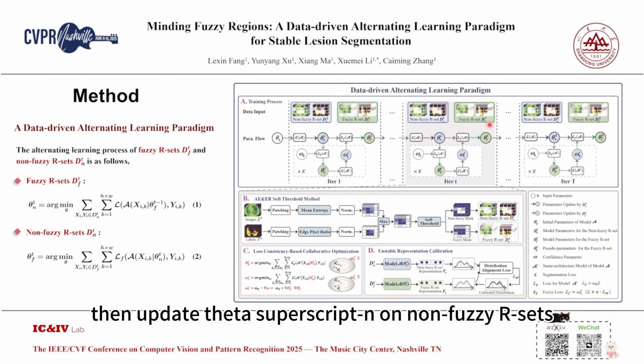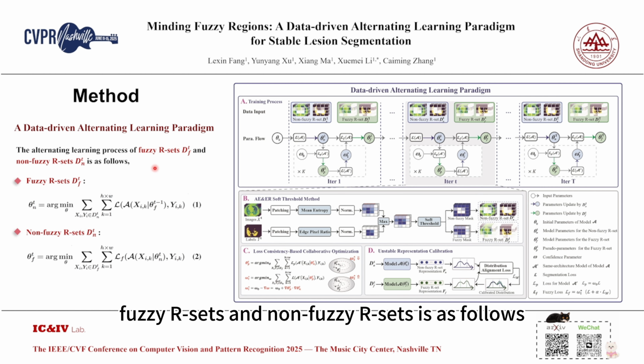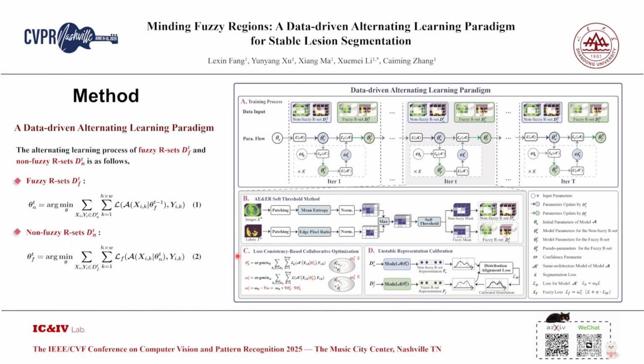Then update theta_n on the unfuzzy set. Update theta_f on the fuzzy set. By alternating these updates, the reliable regions continually teach the fuzzy regions, and the alternating learning process of fuzzy set and unfuzzy set is as follows.